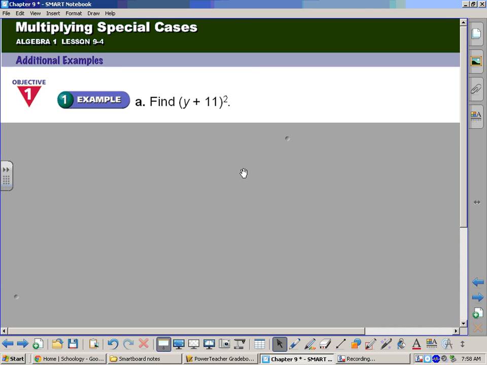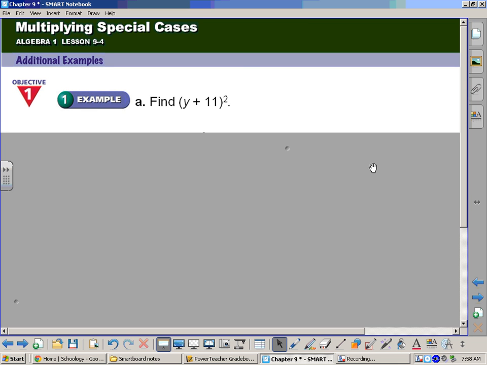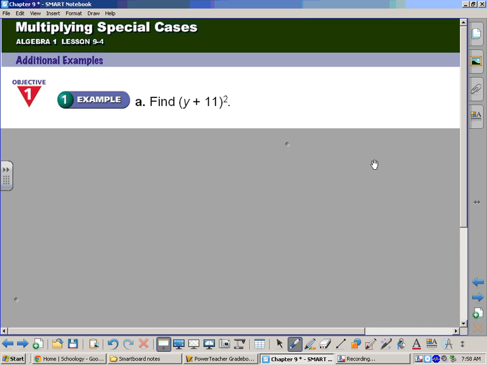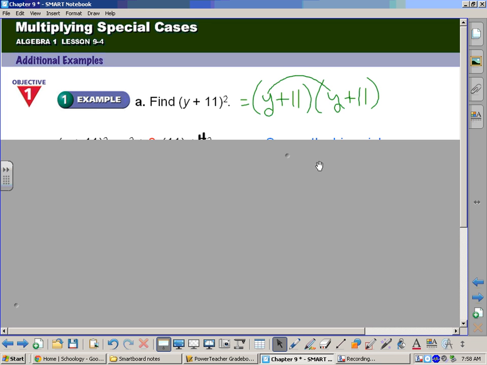So we're going to take y plus 11 squared. That is nothing more than y plus 11 times y plus 11. So we're going to multiply the first terms to get y squared. Then we multiply the outside terms, which is where we get 11y.